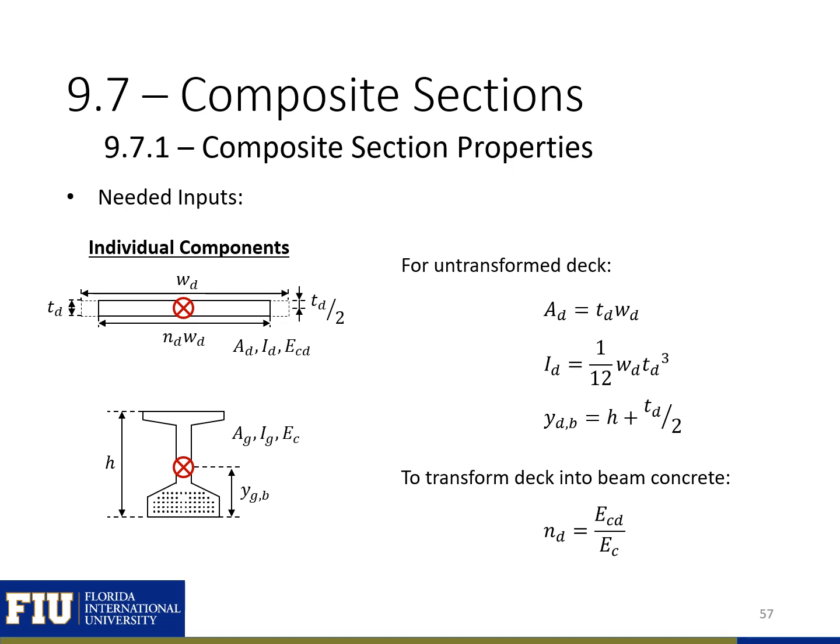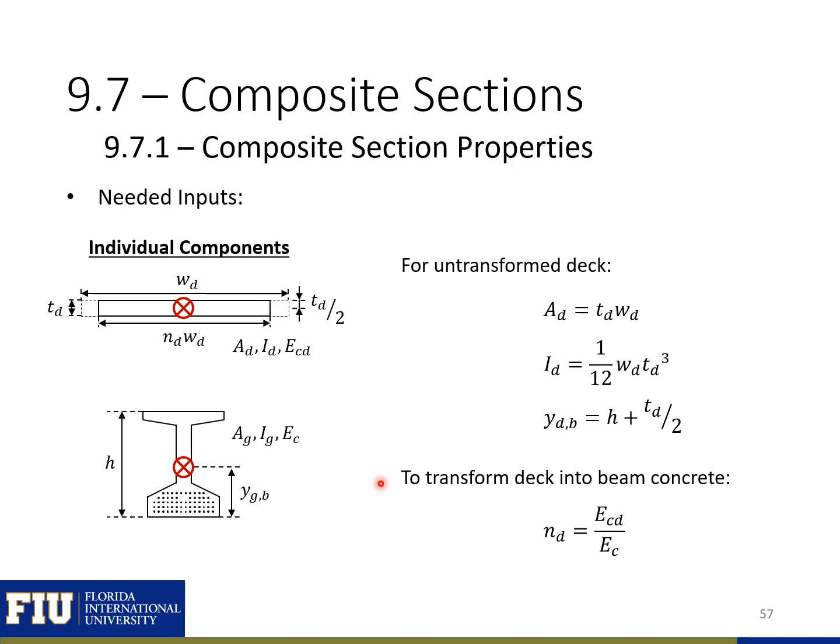On this slide, I'm showing you the equations where you can find the area of our deck, if it's just a regular rectangular deck, the moment of inertia of the deck, and also the Y of the deck from the bottom. So we need to find the distance between the bottom of our section and the centroid of the deck, and we can use this expression here.